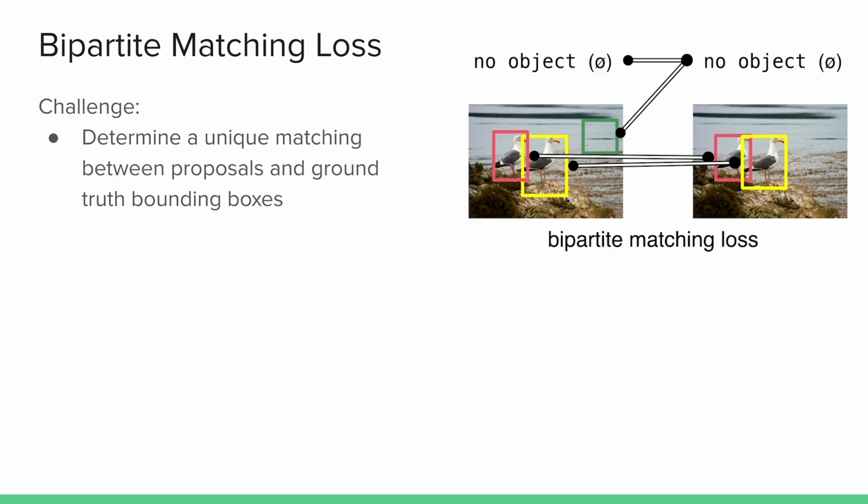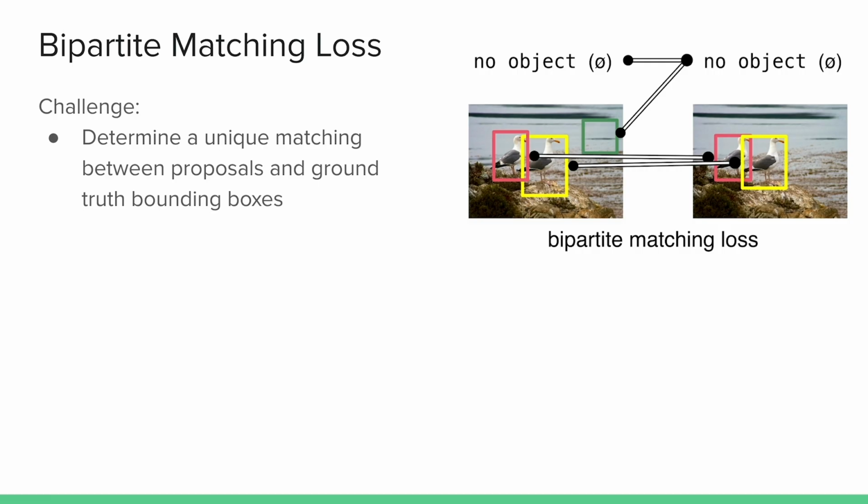We start off with the bipartite matching loss. So the challenge is, when we formulate object detection as a direct set prediction problem, how do we determine a unique matching between the proposals that the network generates and our ground truth set of bounding boxes?